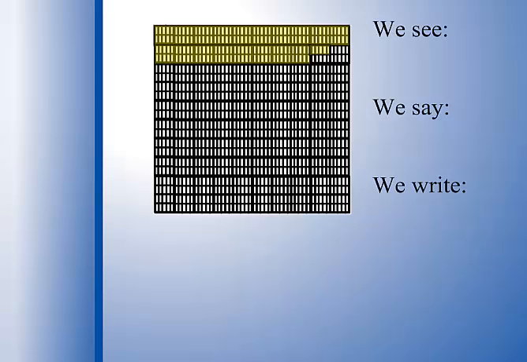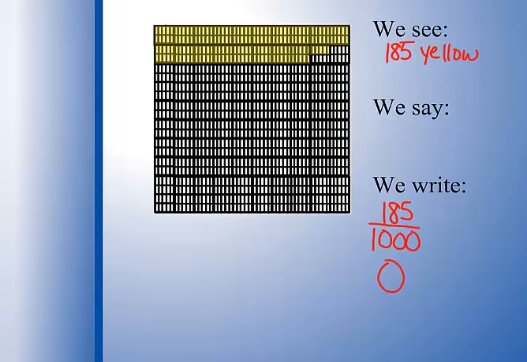So we see 185 of those rectangles are colored yellow. So we're going to write, we have 185 yellow rectangles out of, how many were in this whole? You're right, 1,000.